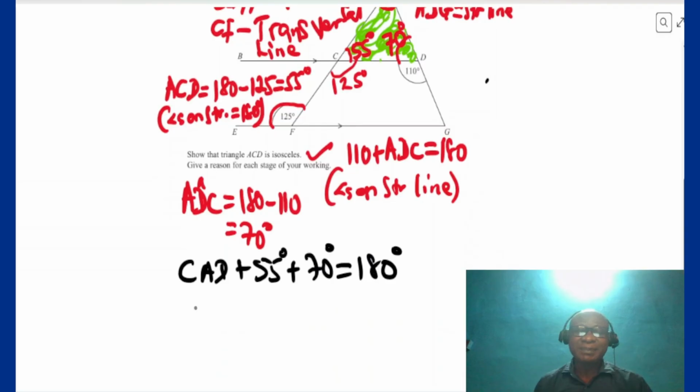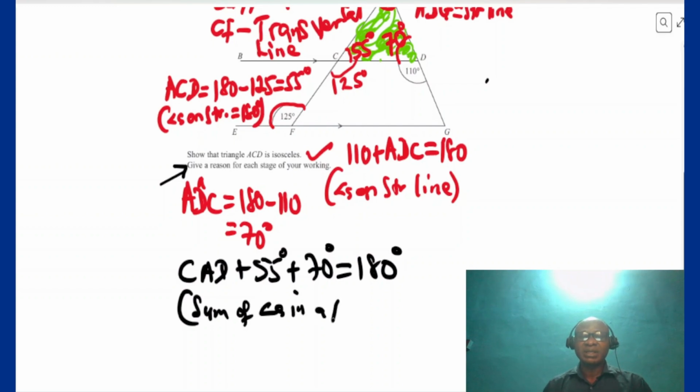Why I am putting the reasons down is because it is part of the question: give a reason for each stage of your workings. So this is the sum of angles in a triangle, which sum up to 180 degrees. With these reasons, you would be able to get all your marks without losing any mark.